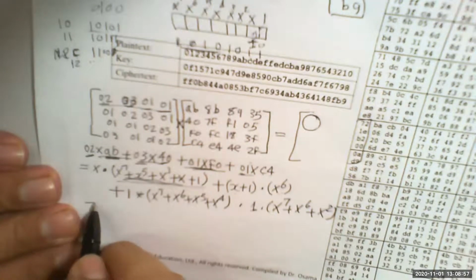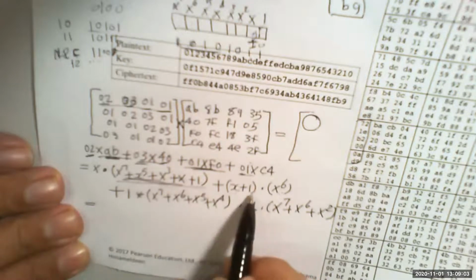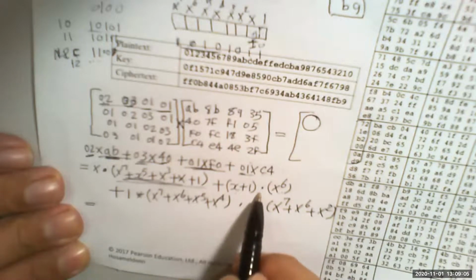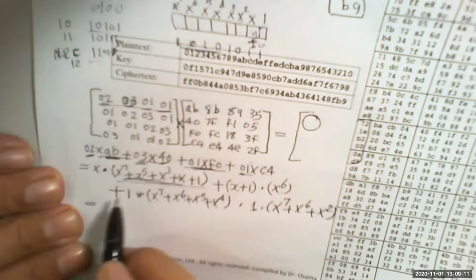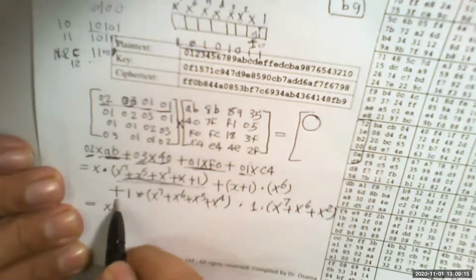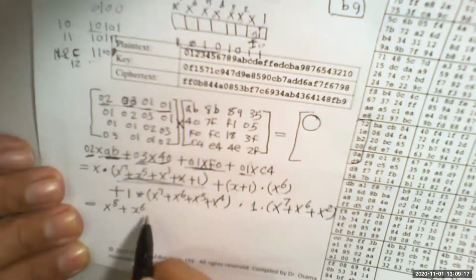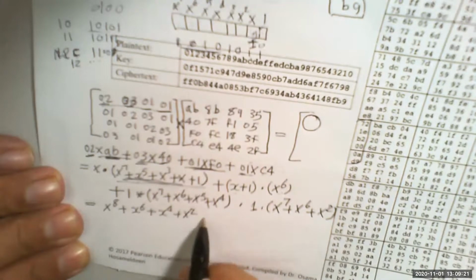Okay, let me simplify it. So we have here, I have to simplify this operation. How to simplify it? I can take x multiplied by this one, which is x to the power 8 plus x to the power 6 plus x to the power 4 plus x to the power 2 plus x.